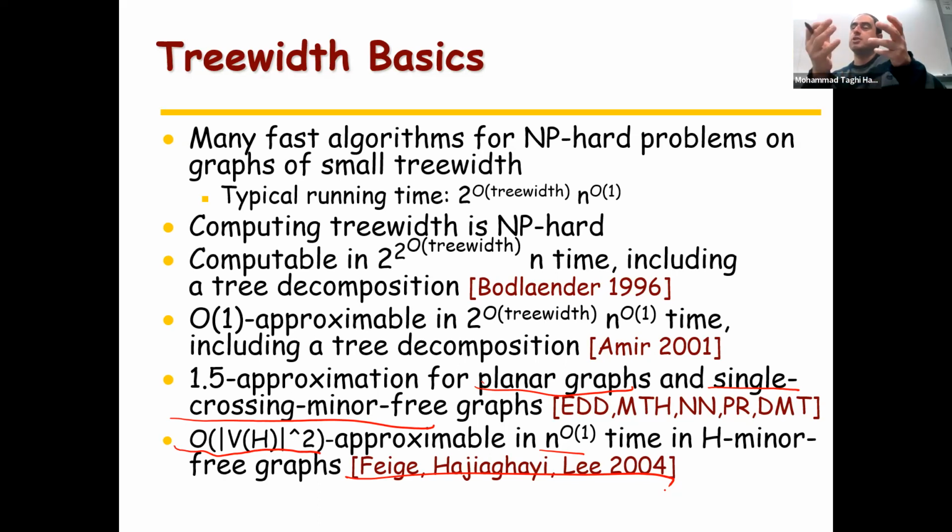Generally when we talk about H minor free graphs, H is a constant. So for a constant H, you can get a constant factor approximation. So for H minor free graphs, we can get a constant, but for general graphs, we can get a square root of log opt.